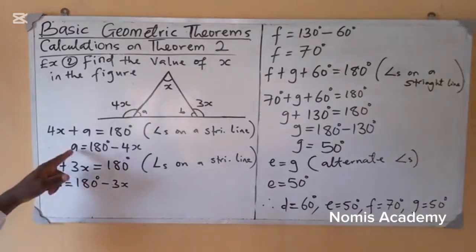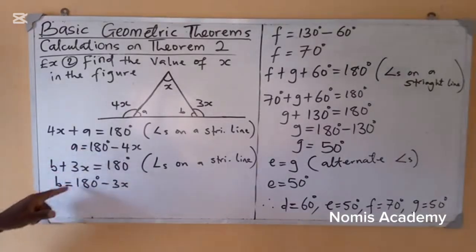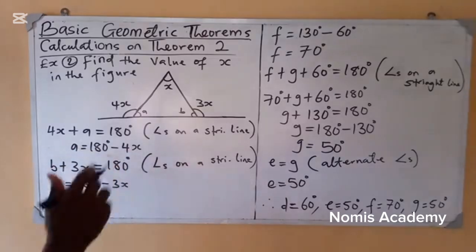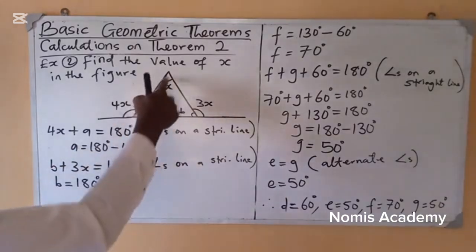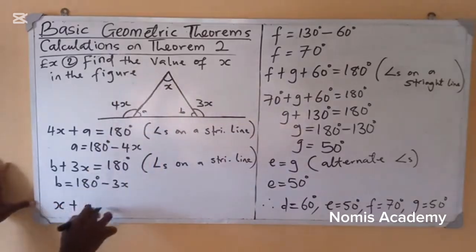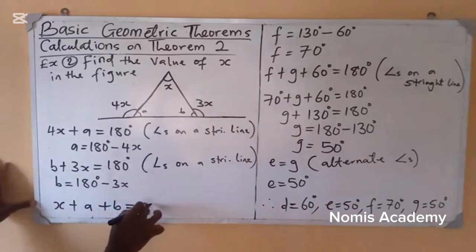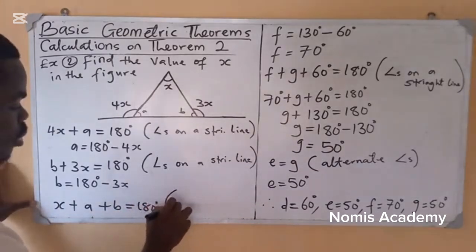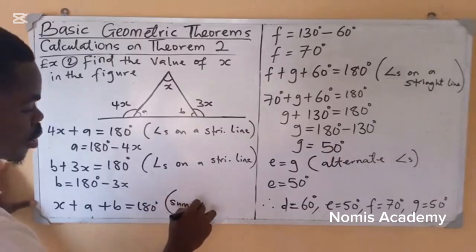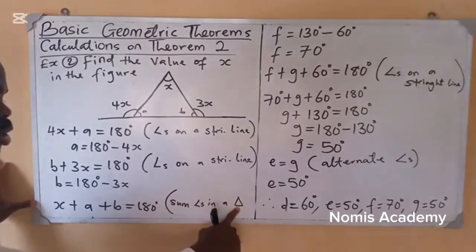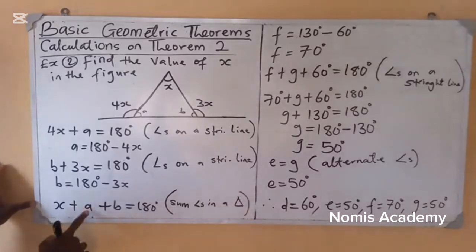Now, since we know the acute angles A and B to be 180 minus 4x and 180 minus 3x, we can now find x. Now, sum of angles, that is x plus A plus B equal to 180 degrees. Our reason is sum of angles in a triangle. We use this symbol to denote triangle. Now we know what A stands for, and we also know what B stands for.